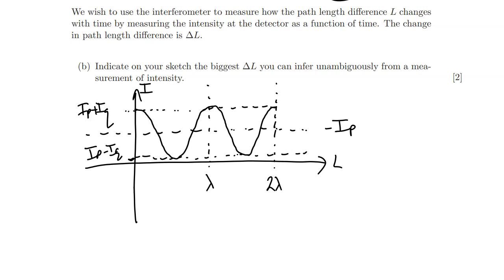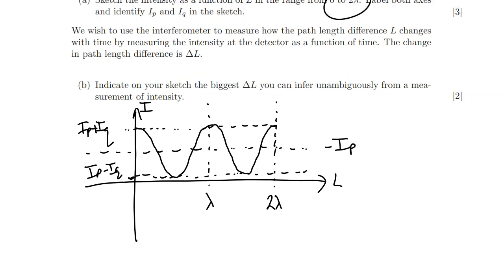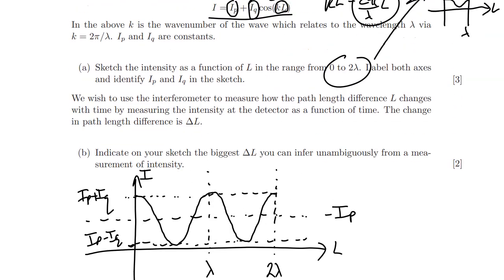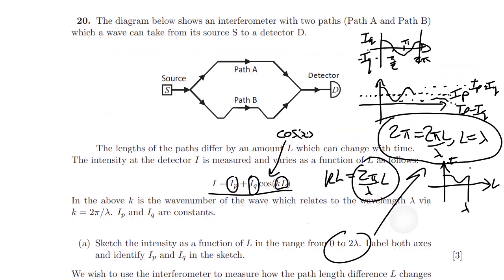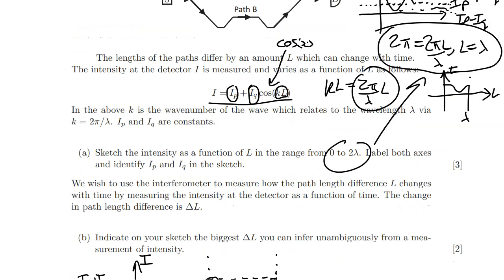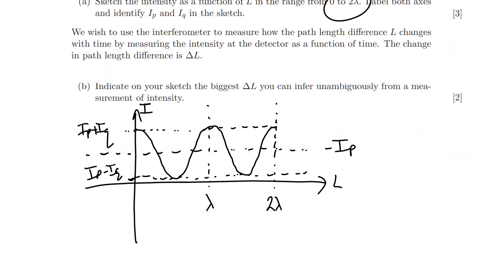We aren't really told the relative sizes of these, so it is possible that the graph would cross the L-axis, but we don't know the relative sizes, so that's fine. So hopefully that makes sense. We've just put everything that I discussed up here together to make the graph.